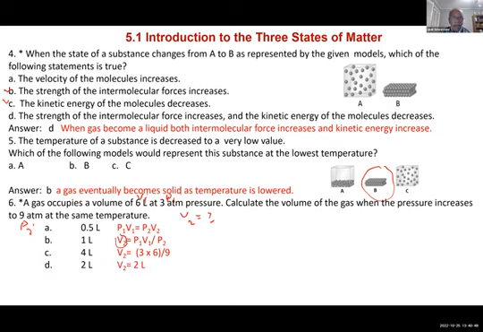When you calculate, it becomes 2 liters. The answer is 2 liters. Therefore, the correct answer is D. That's how you calculate. You find the gas law, then find the variables that are missing, then rearrange the equation and calculate the new value.